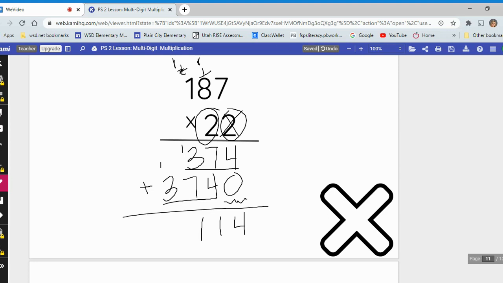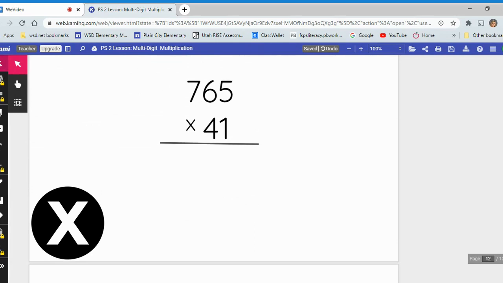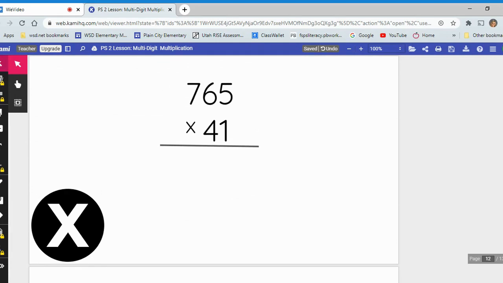Carry that 1. 3 plus 1 is 4. So 187 times 22 should have got us 4,114. Okay, go ahead and pause the video, try our next problem, and then press play to check your answer.